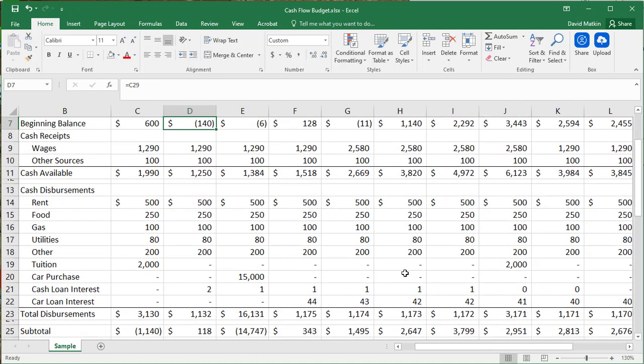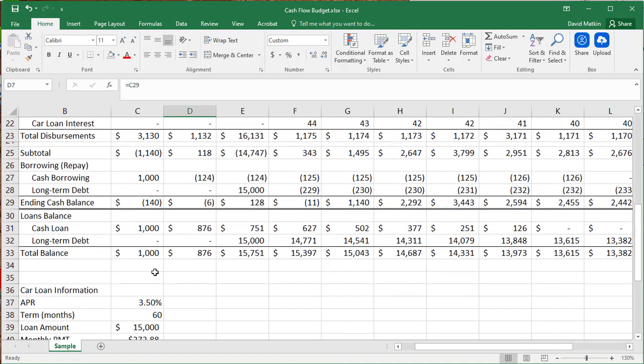Okay. The other thing that you'll see here is information on the outstanding principal of borrowed money. So here's the $1,000 we borrowed in January, and you'll see that we pay down $124.